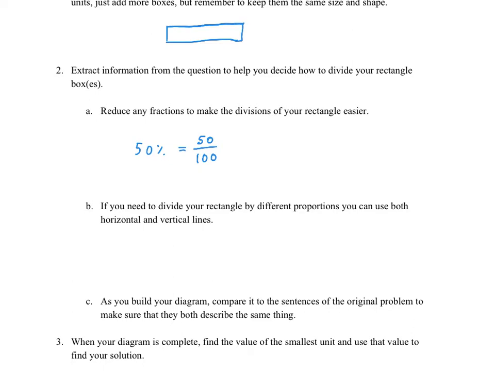But it's always easier to reduce these fractions as much as possible. It reduces our diagram. We don't want to be chopping up our rectangle into 50 different slices. We'd rather just chop it right into half. So in our case, if we have this size of rectangle, and the question happened to say 50%, we would chop it in half.